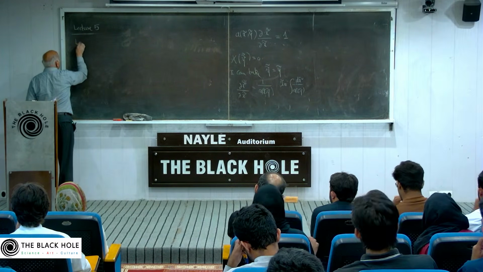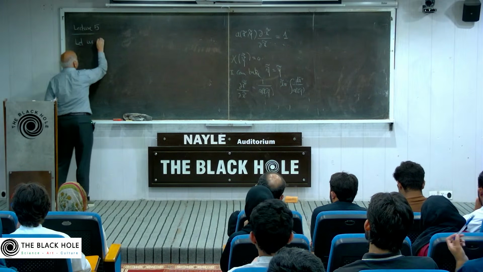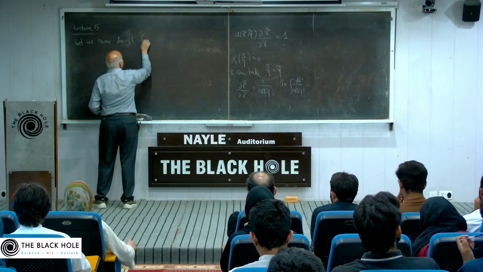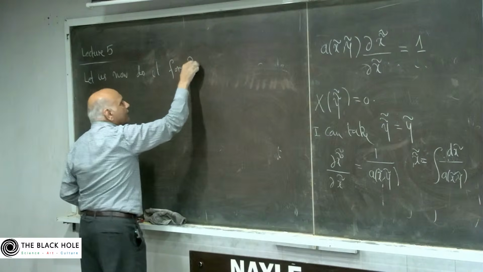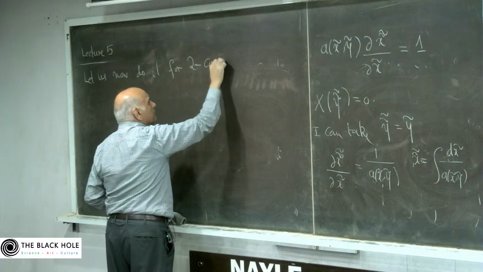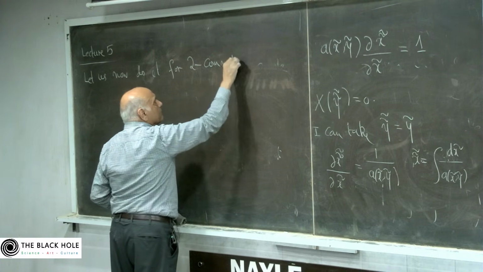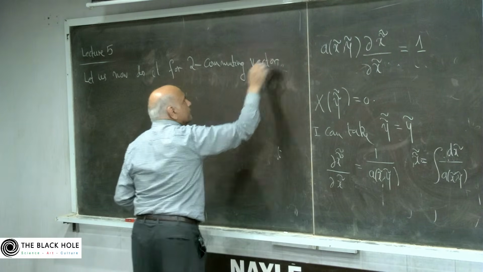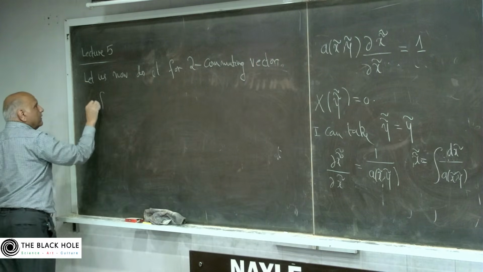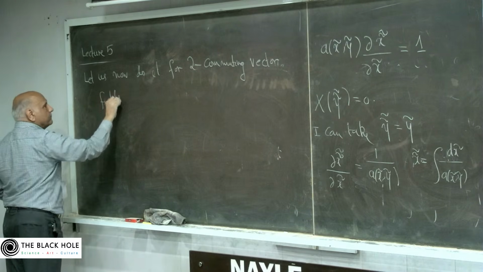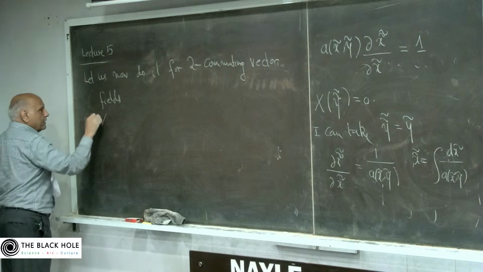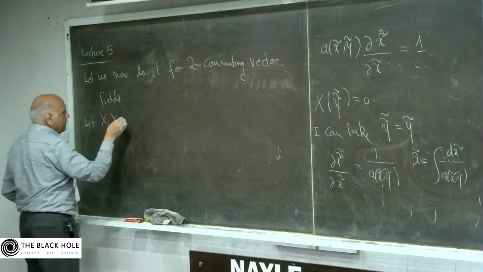So let's now do it for 3 variables, for two commuting vector fields. So let X, Y be vector fields in 3 variables, x, y and z.